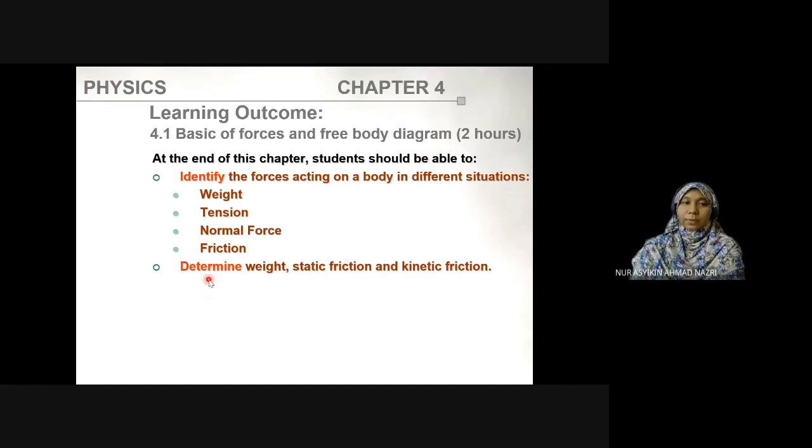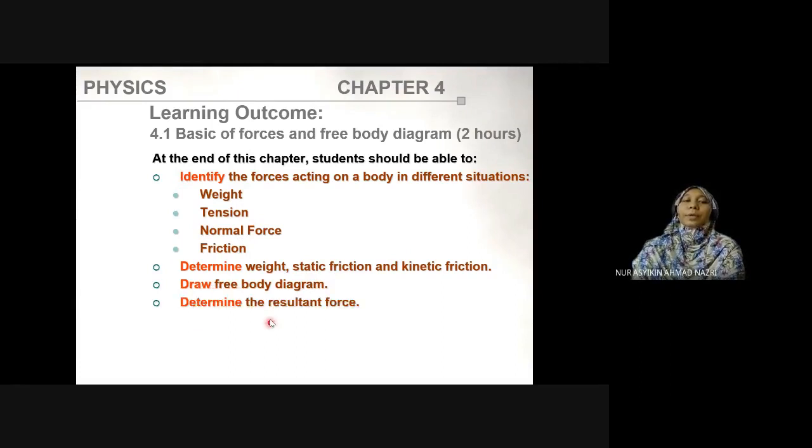Biasanya for case application, kita akan try to determine weight, static friction, kinetic friction. But for all of these problems, we're going to use free body diagram.